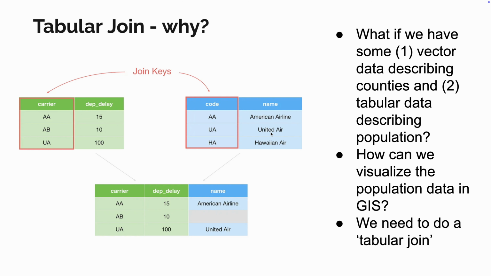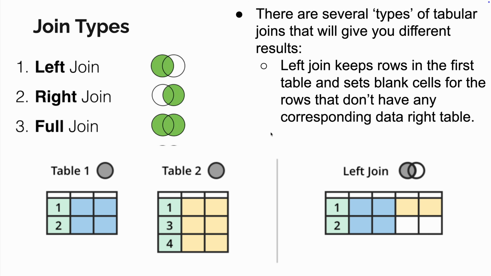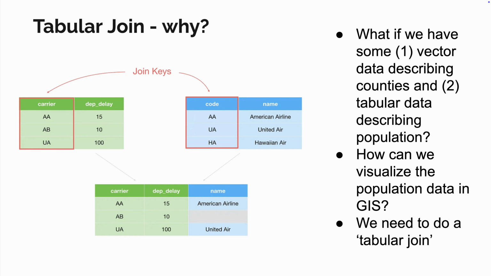And what we've essentially done is called a left join, okay? There are several different types of joins. The left join keeps rows in the first table and makes blank cells for any rows that don't have corresponding data in the right table. So that's what we just did here.